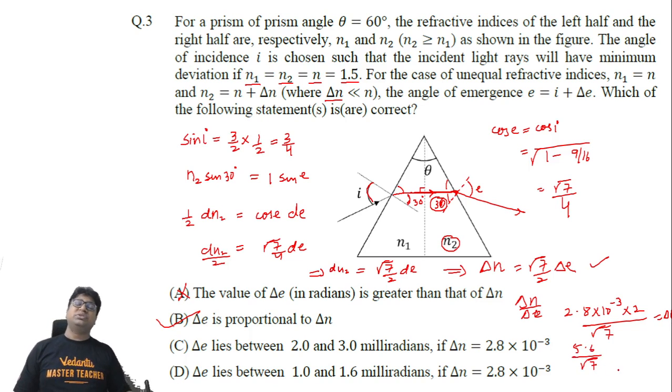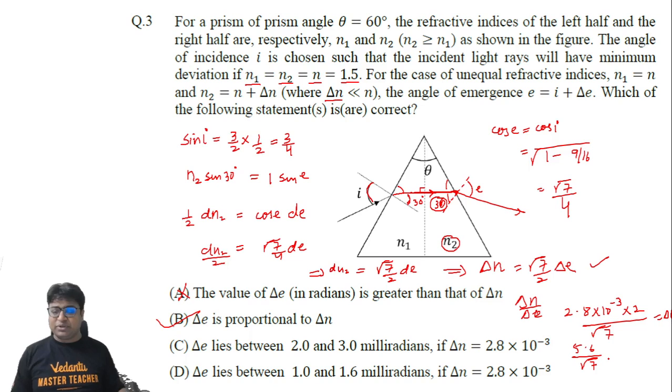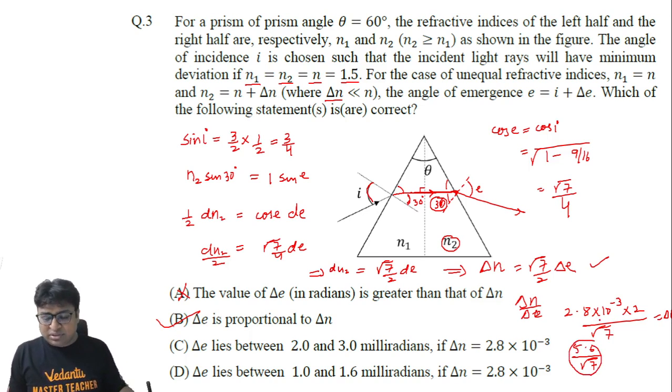Now, root 7 would be somewhere close to 2.5 or maybe 2.6. So this seems more than double.